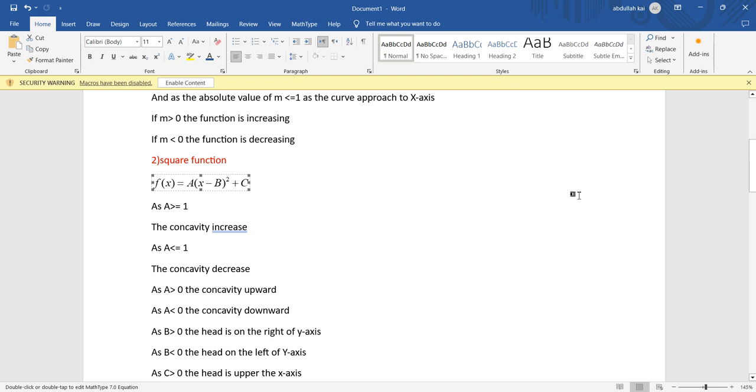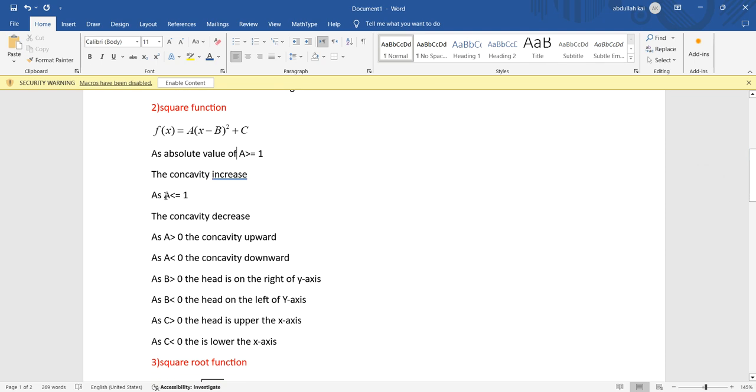Let's see. If the absolute value of A is larger than 1, the concavity increases.